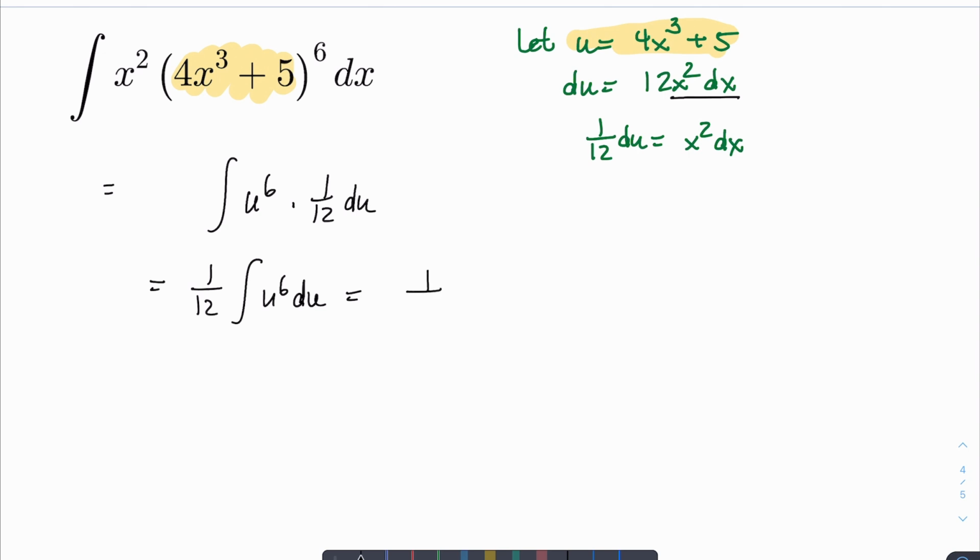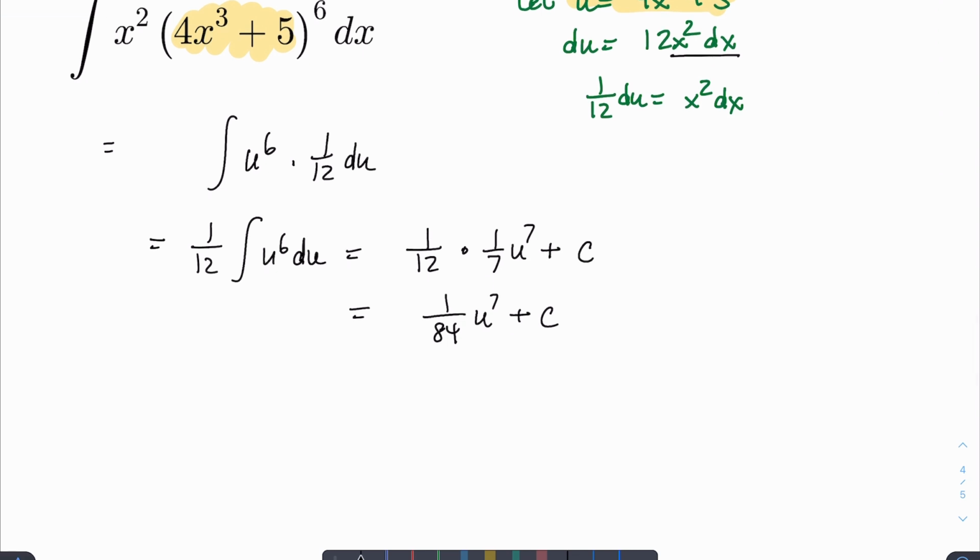So we have 1/12 times 1/7 u to the seventh plus c, which is 1/84 u to the seventh plus c, and then u is 4x to the third plus 5. We need to remember to write our answer in terms of the original variable.